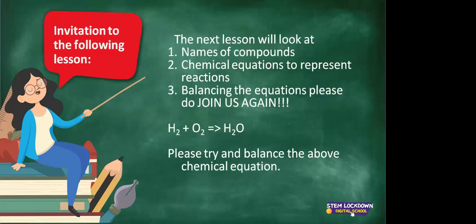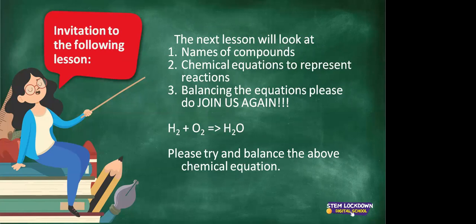So in the next lesson, we'll look at the names of compounds, chemical equations to represent reactions, and balancing the equation. Please do join us. We'll be looking at why it is H2O here. Please try and balance the above chemical equation before the next lesson.